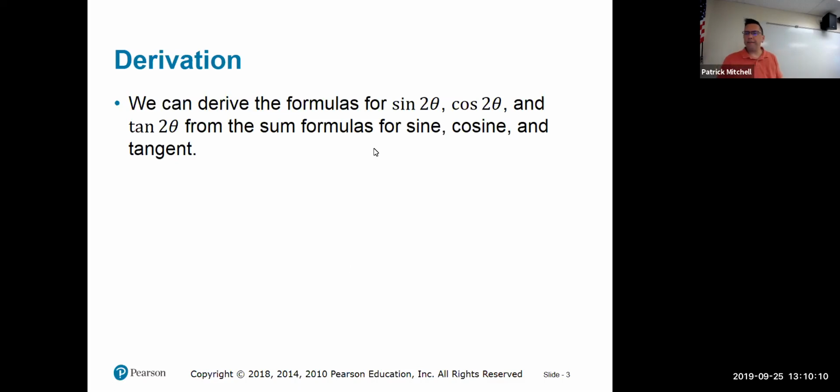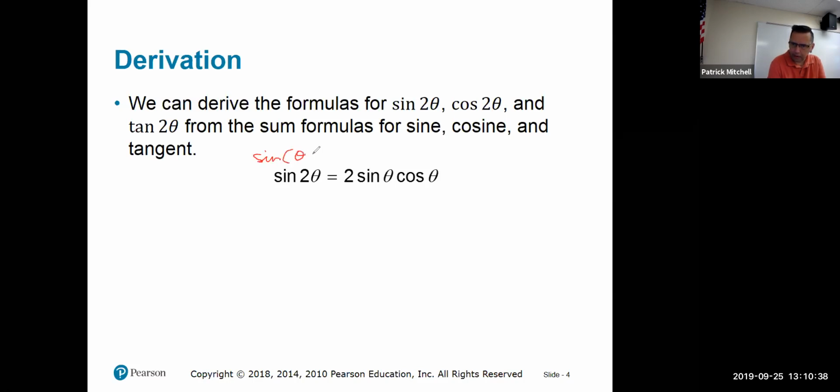You can derive these formulas from the sum formulas for sine, cosine, and tangent. I don't really want to get into the details in this video, but let me show you real quick. Let me try using the pen again. Instead of writing the sine of 2 theta, you write the sine of theta plus theta.